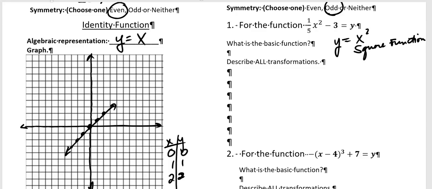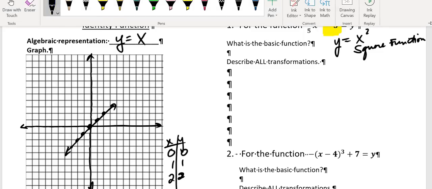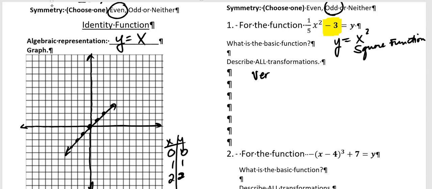Describe all the transformations. Okay, so we can see there's a constant added on right here. That indicates that there is a vertical shift. And since it's a -3, it's going to be down 3. So our first one will be vertical shift down 3. Now, our x expression is just x, so we don't have any horizontal shift.